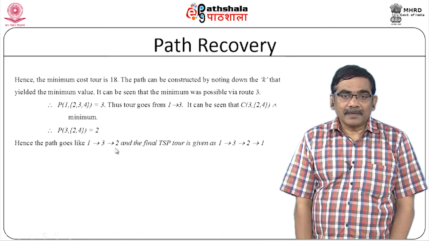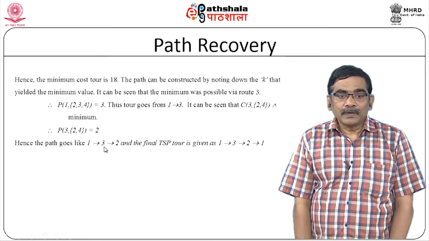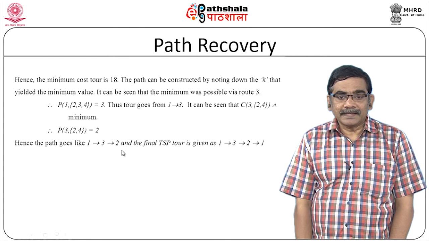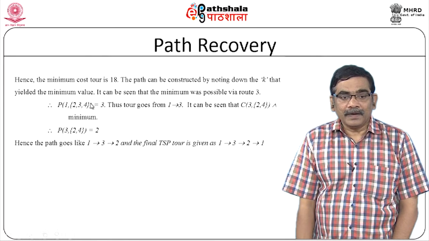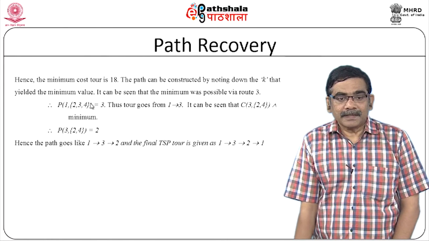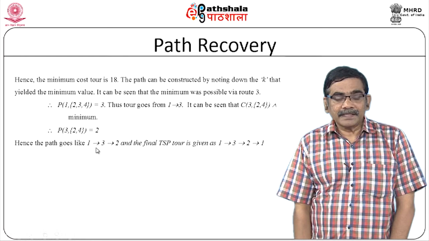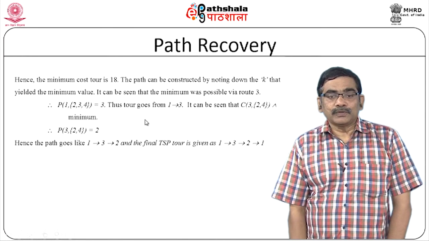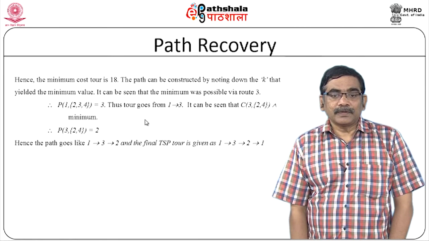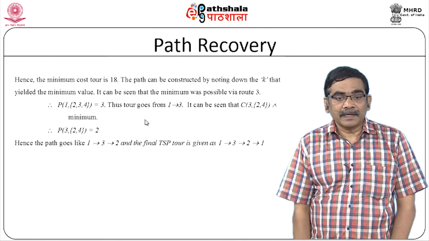There are only 4 vertices, so 1 3 2 is visited, therefore I can go back to city 1. In other words, I will visit 1 3 2 4 and then go to 1 again. This is the path recovery for this particular problem.